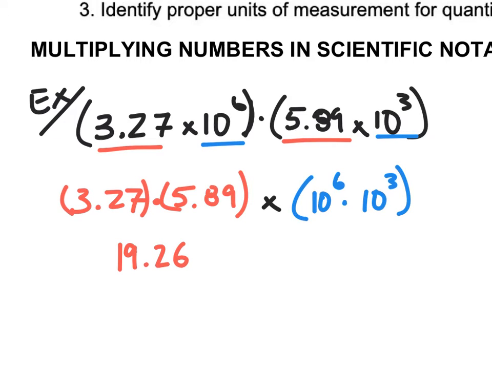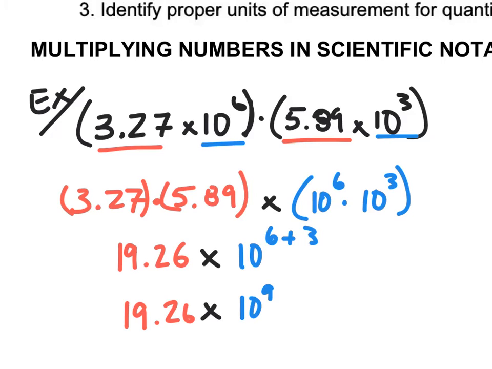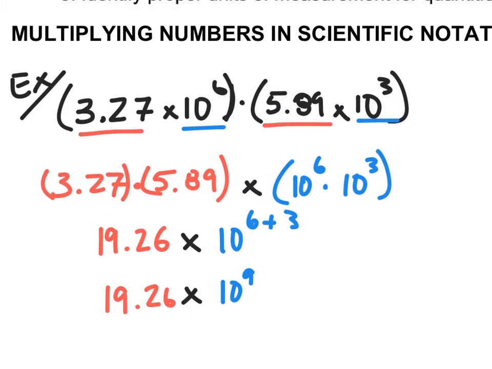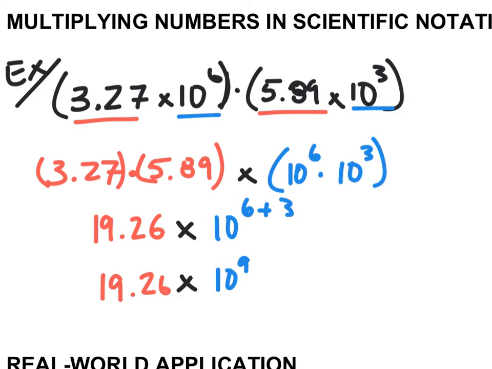And then over here, when I do 10 to the 6th times 10 to the 3rd, I'm going to write this out, this is just going to give me 10 to the 6 plus 3 power, okay? And so then what I'll have is 19.26 times 10 to the 9th, okay? And so when I have something like this, theoretically, you could leave it like this, all right?